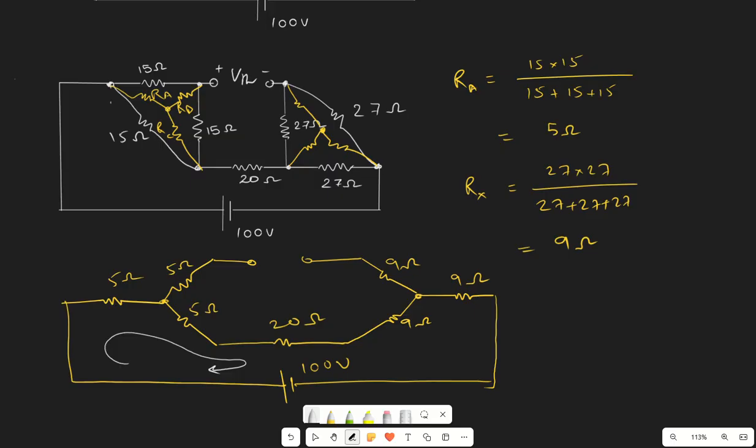We have only this loop. So if we have one loop, then the solution is very easy now. If we determine the current, we will write the KVL equation.